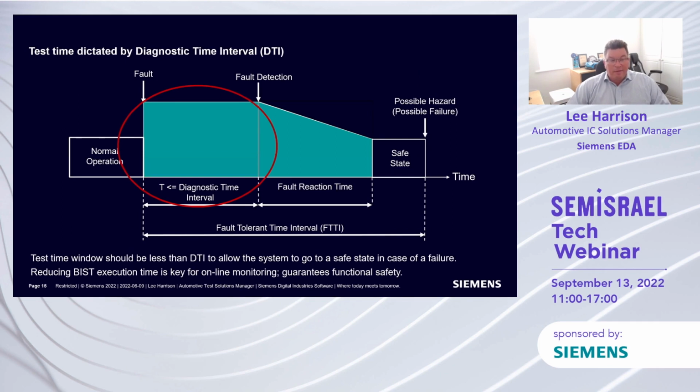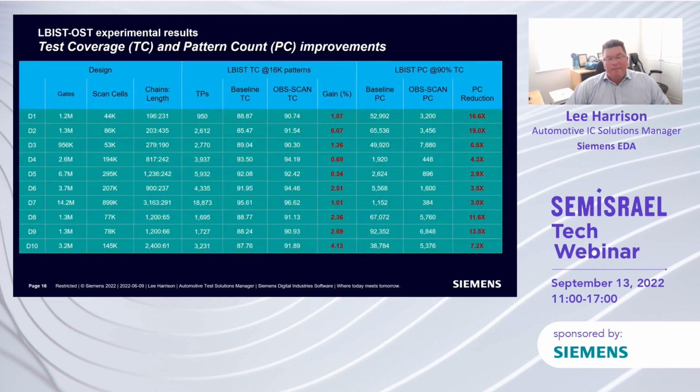And again, that is really to target this diagnostics test interval. If we look at some of the results from observation scan, what you see here is we've got 10 designs that we have internally that we have run some experiments with.